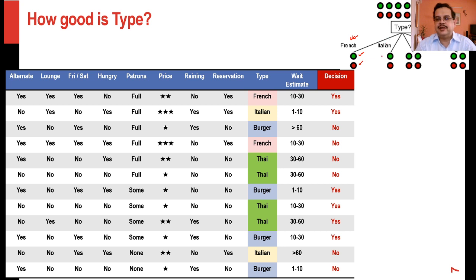If I look at Italian, then there is one person who waited, one did not. For Thai, 2 people waited and 2 people did not wait. For burger, 2 people waited and 2 people did not wait. So as a discriminator, type is not a good variable, because it does not take me any closer to the decision of whether I will wait or not. Whereas patterns was nice, because at least on 2 out of the 3 branches I had a definite decision.